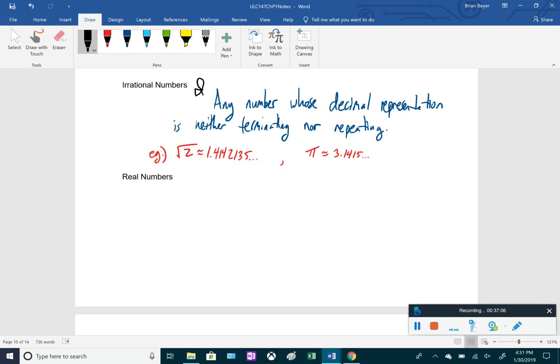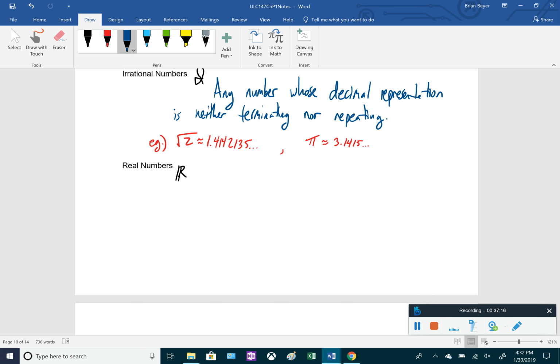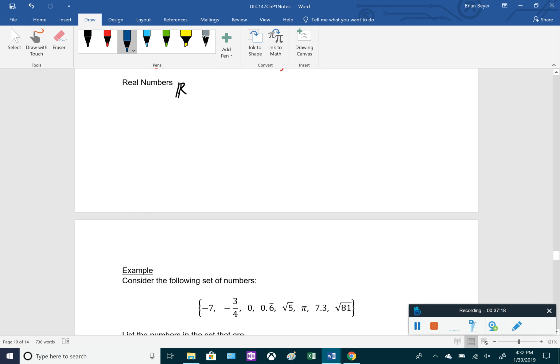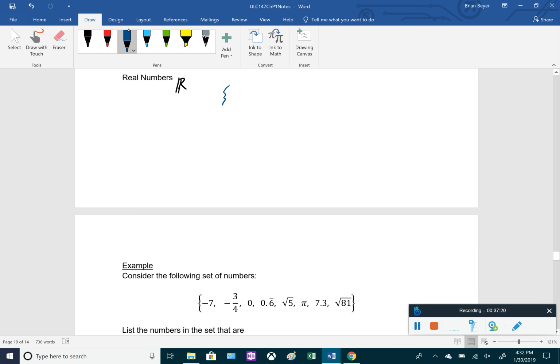So lastly here, the set of real numbers. This one gets the capital R. I'm going to write this in set builder notation. It's going to be the set of all x such that x is rational or irrational.